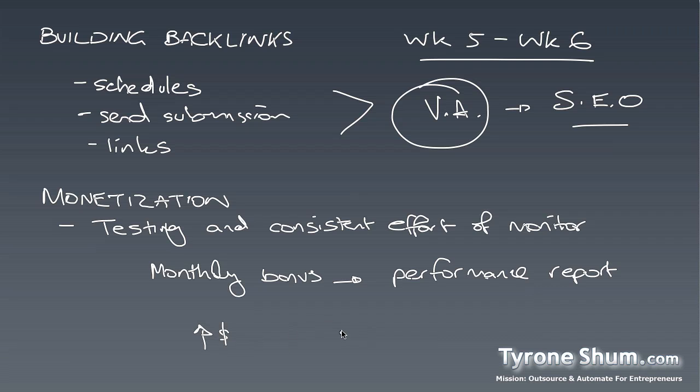All right, well, I'll give you a percentage of that profit, and that's your little bonus for the month. That will encourage them to take ownership of the site and therefore do the testing, putting the consistent follow-up, putting all those monetization strategies that I talked about last week into place, and really just building it up for you. And that's what she's been doing for me, my virtual assistant.